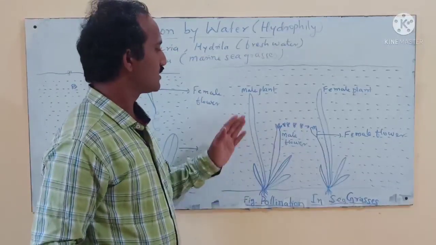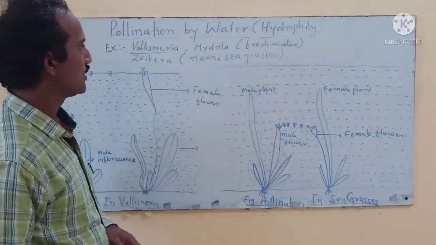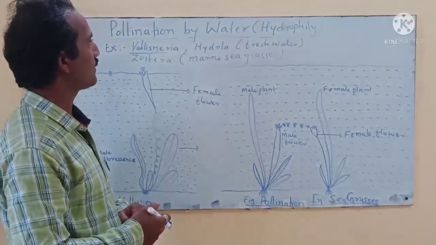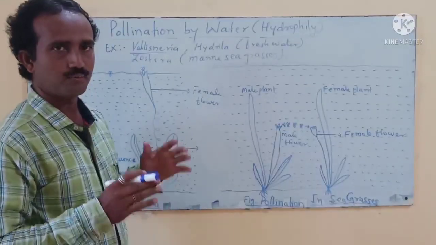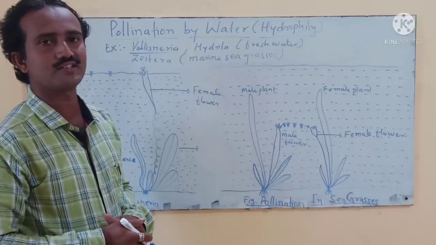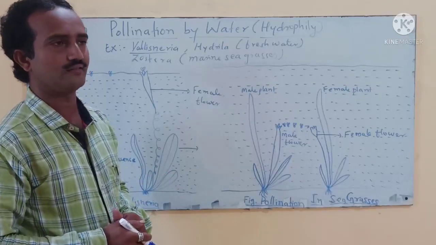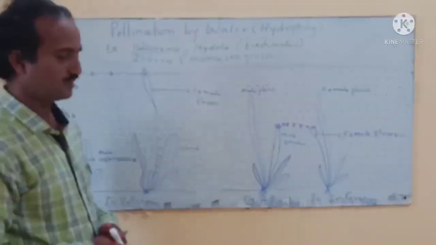This is about pollination in seagrasses. So most of these are water pollinated flowers, where we observe the pollen grains covered by a mucilaginous, that is oily covering, to protect them from wetting. So this is about the pollination by water.